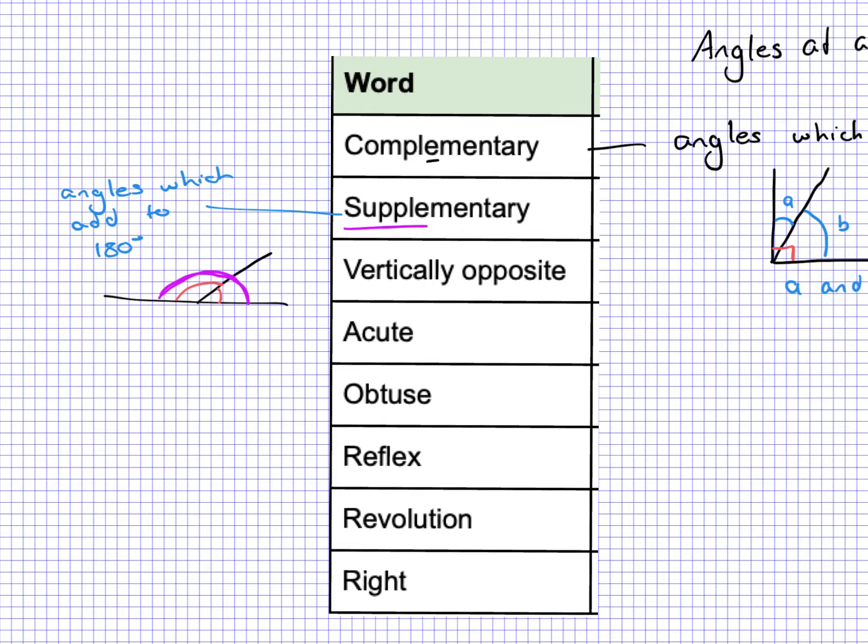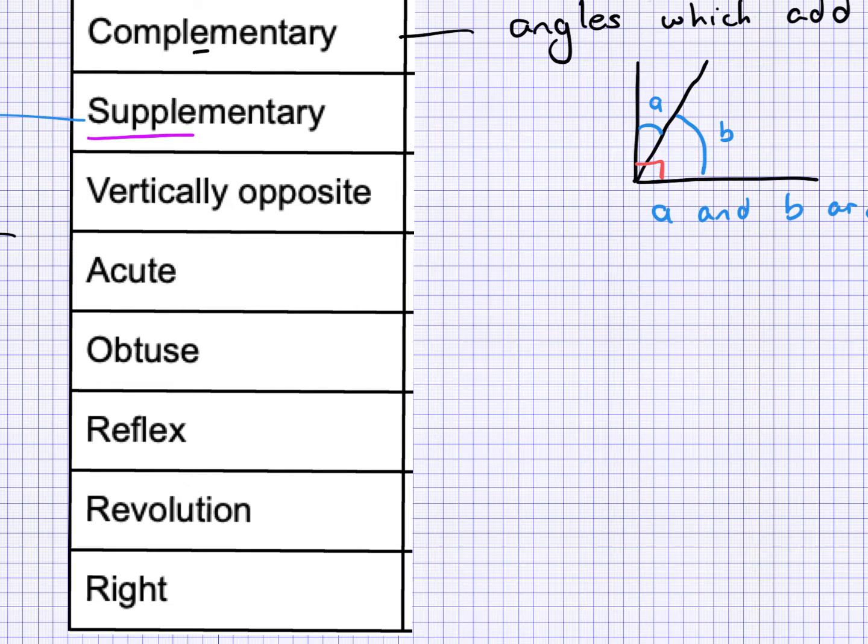Now, vertically opposite is used to describe two angles which are on opposite sides of an intersection point. So you might have two lines meeting here. Now this angle and this angle are called vertically opposite, but also this angle and this angle are called vertically opposite.